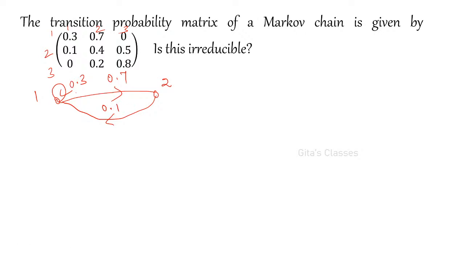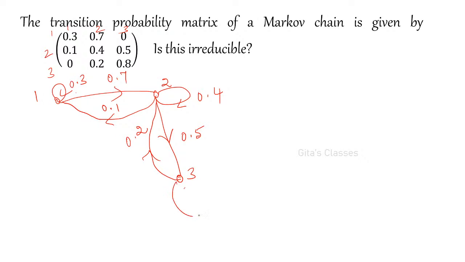From 2 to 2 there is a loop with 0.4. From 2 to 3 it is 0.5. When you add these, you get 1. From 3 to 1 there is no possibility. From 3 to 2 the probability is 0.2, and from 3 to 3 it is 0.8.